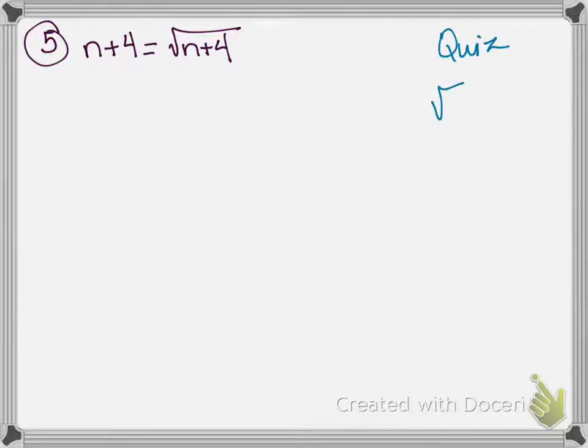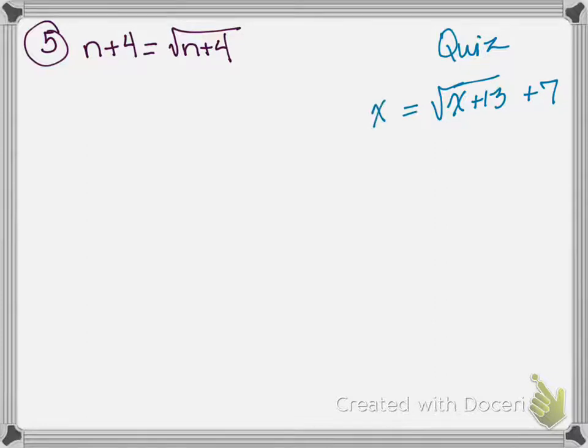So this one, number 5, is n plus 4 equals the square root of n plus 4. Now, the one on the quiz confused students because the square root was not by itself. I don't remember exactly what the one on the quiz was like, but it was something similar to the square root of x plus 13 plus 7.